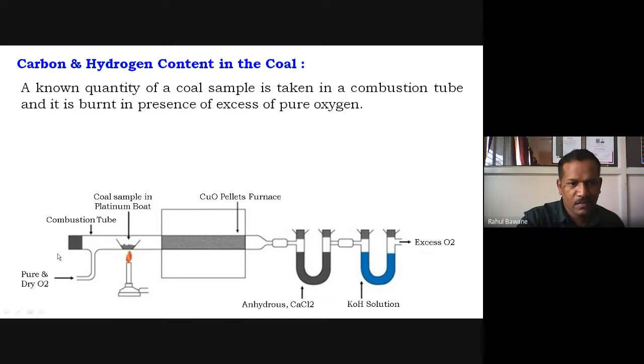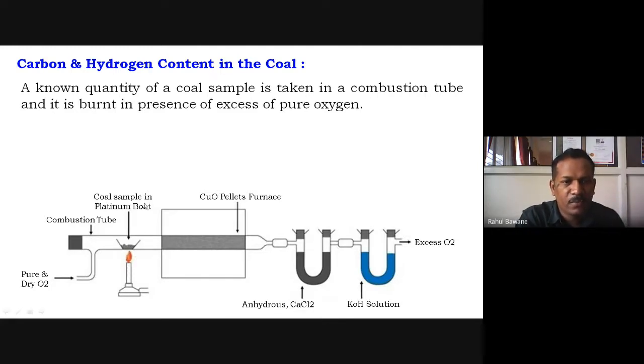This is our combustion tube, and on one side there is an entry for oxygen, and the oxygen is in a dry state. We are not supplying any wet oxygen. So dry oxygen we are supplying in this combustion tube. In this combustion tube there is one platinum boat, you can say a platinum metal cup, and below that there is a burner.